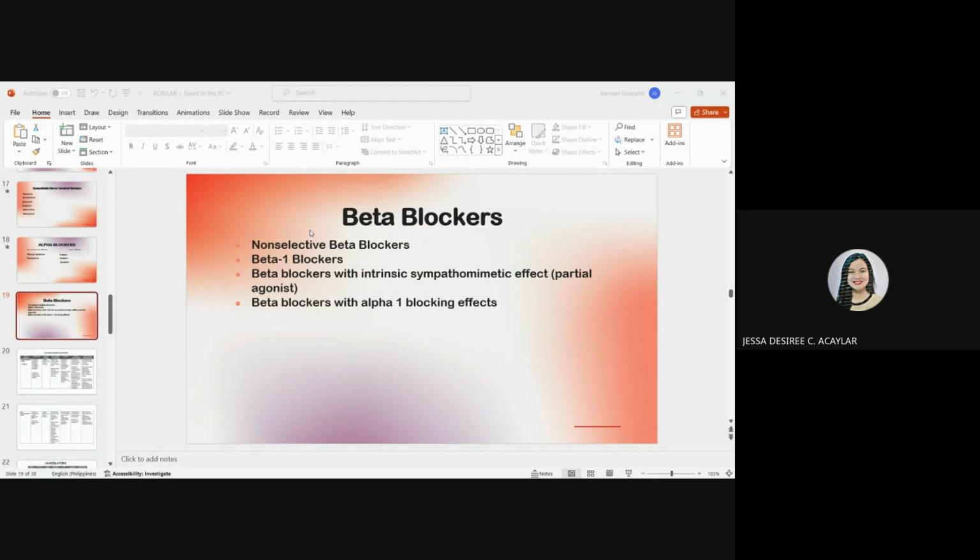Meron pa pong isa, i-a-add ko lang po later sa PowerPoint ko, i-edit ko po. Mga beta blockers with local anesthetic action or the membrane stabilizing effects. Their site of action po is the beta receptors and the sodium channels. Yung mechanism of action nila is local anesthetic effect due to the blockade of sodium channels. So, yung effect po niya is parang may local anesthesia.